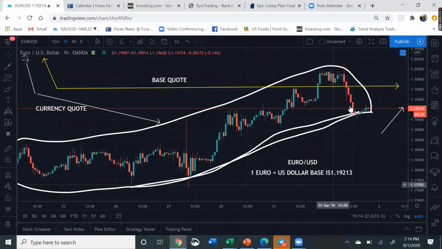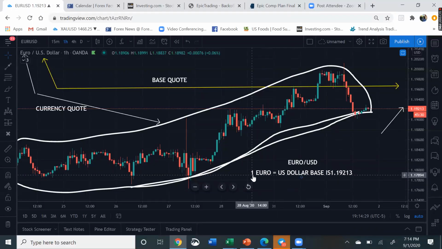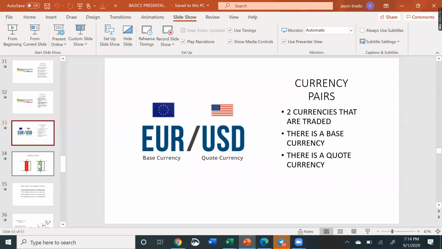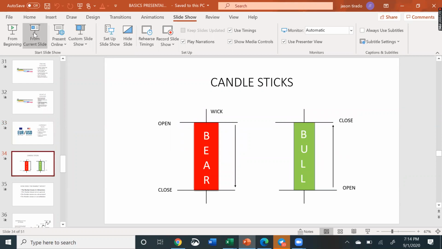And if I was to go back to the UK, I would take my $1.19 and they should give me 1 euro because of the exchange rate. All right. Since you guys wrote one, I'm going to say you guys are good.